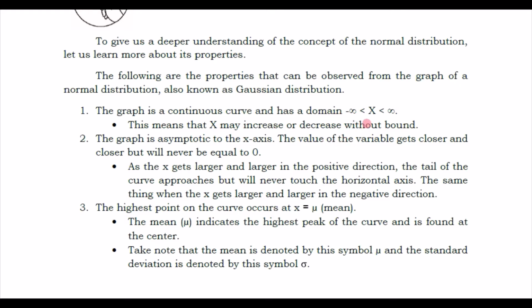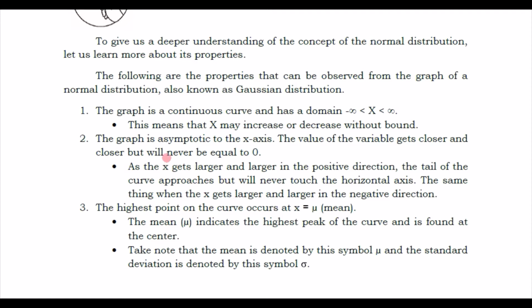When we say infinite, it seems that it is endless or without bound. So the end of the curve is asymptotic to the x-axis. The variable gets closer and closer but will never be equal to 0.